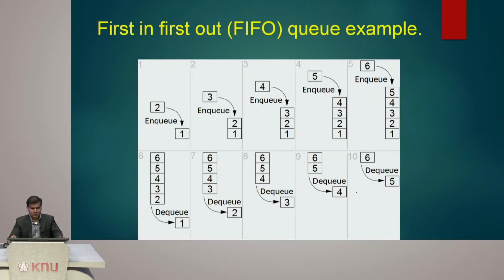So the first customer who comes in first gets served. That's why we call it first come, first serve, or first in, first out. So that is a simple system that you have here.